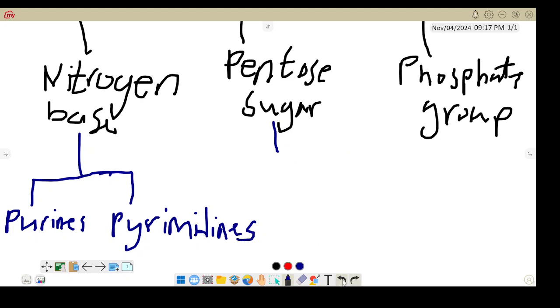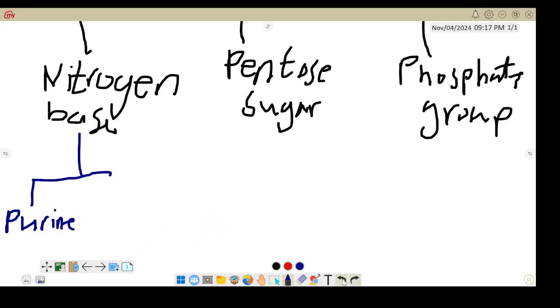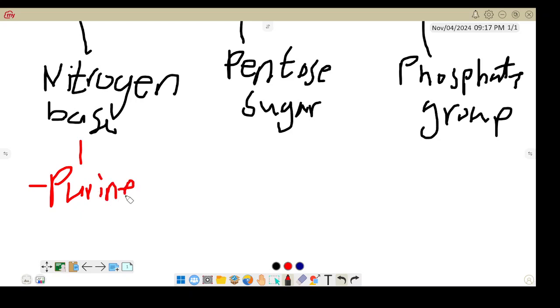Okay, so I think I won't write them in this way. I'll just list them. So under the nitrogenous base, we have purines and pyrimidines.